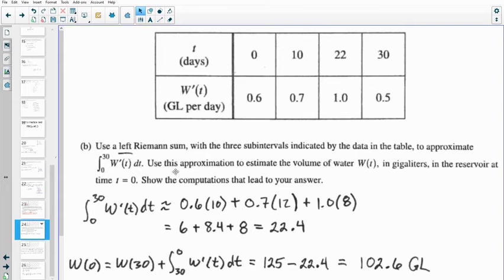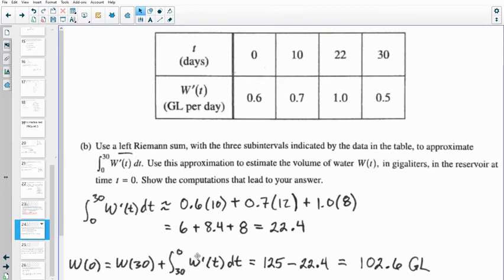The next thing they say is use this to approximate how much water was in the reservoir at time equals 0. I'm going to this formula, and I've been emphasizing this as we've been going through the multiple choice questions also. The amount at time equals 0 is the amount at time equals 30 plus the integral of the rate between 30 and 0.